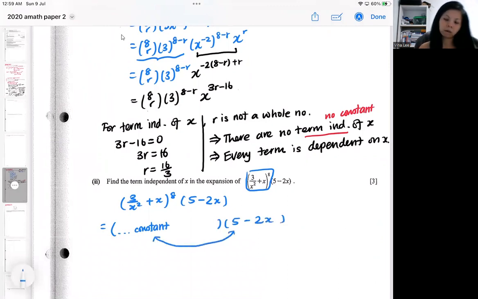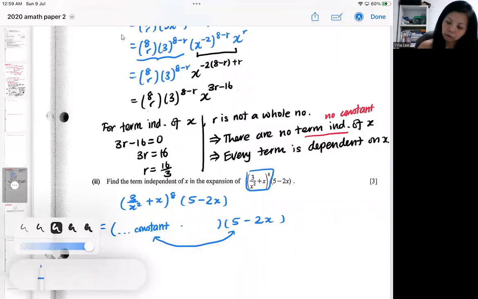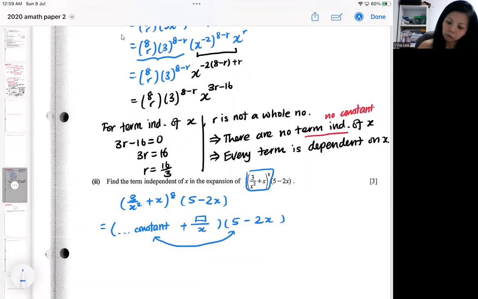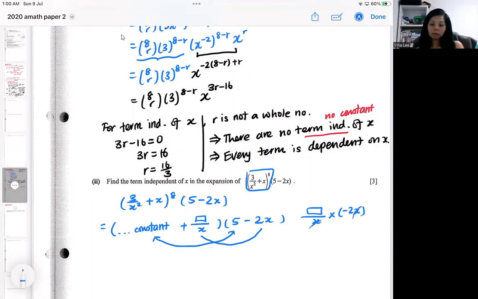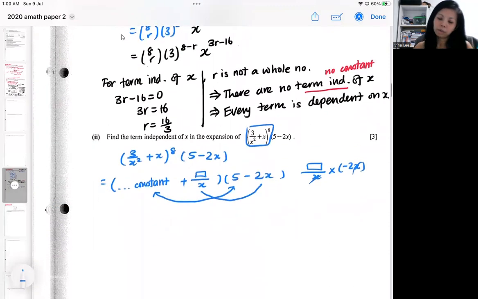So constant times constant, you will get another constant. Then how am I going to get another constant here? I will need this to be multiplied to this so that the x can be cancelled. So this will be my plan. I will need 2 arrows to multiply so that I can get a term independent of x.